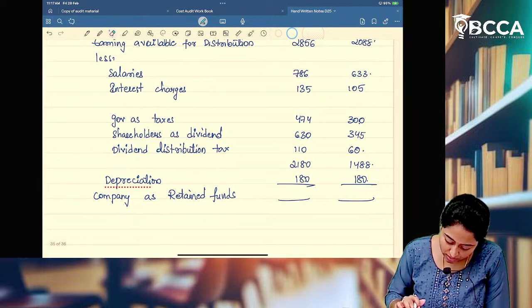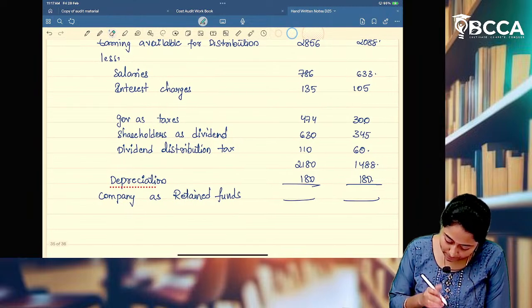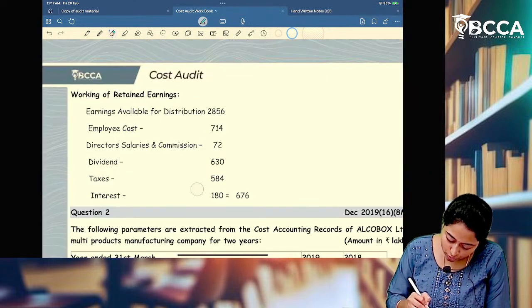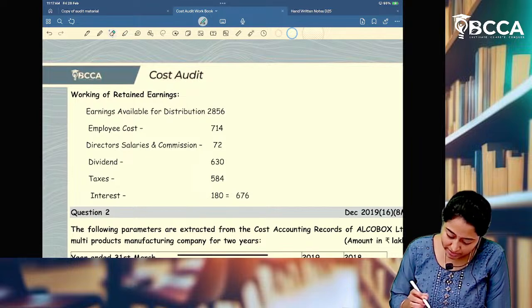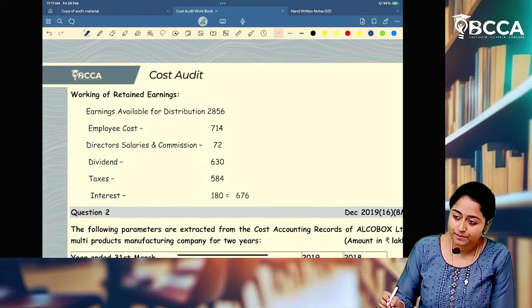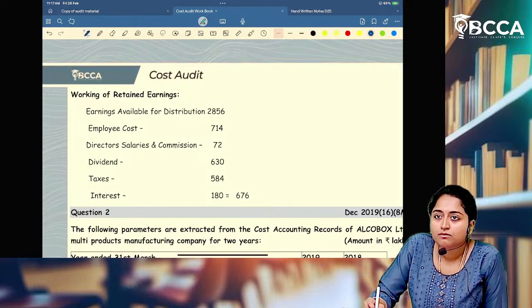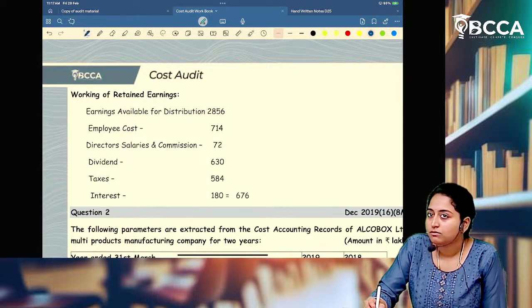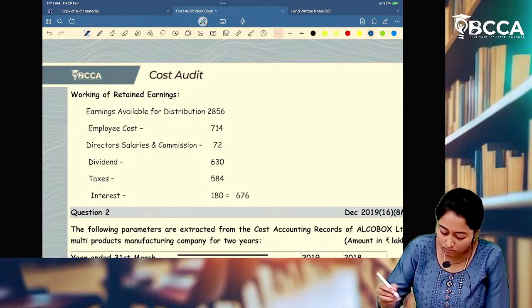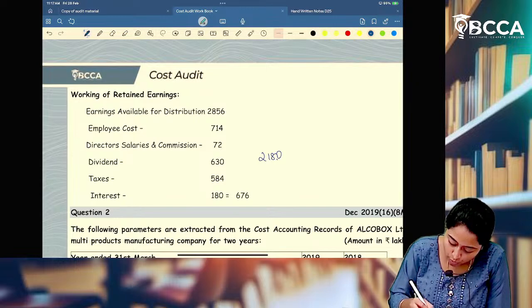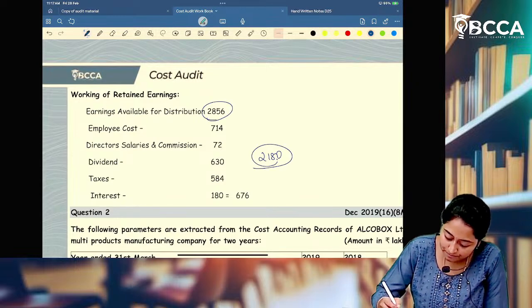How much are you getting? Do the total of this first. 714, 72, 630, 584 and 180. Hmm? 2856 minus 2180.